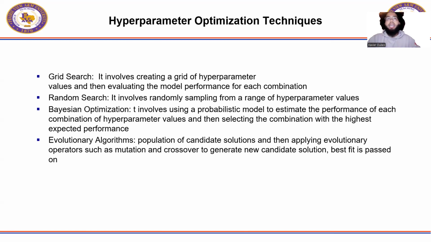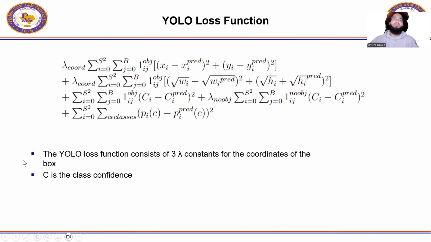You have Bayesian optimization, which uses a probabilistic model to estimate the performance of each combination of hyperparameter values and then selects the combination with the highest expected performance. Then you have evolutionary algorithms, which populate candidate solutions, as we discussed, then apply evolutionary operators such as mutation and crossover to generate new candidate solutions. And then the best performers continue to be passed on until you reach the most optimized version.